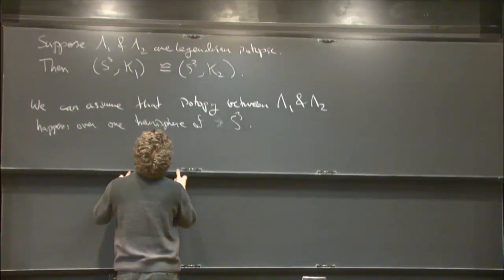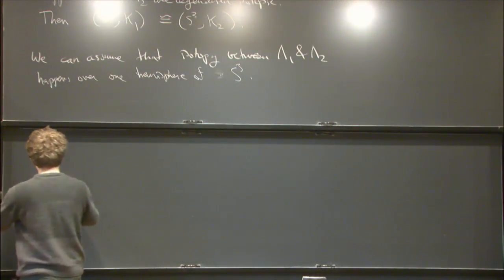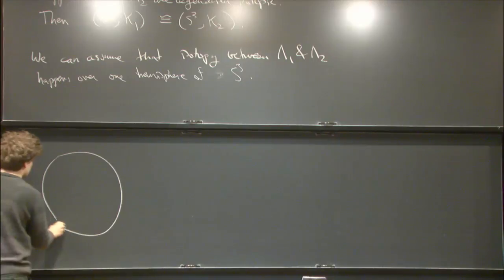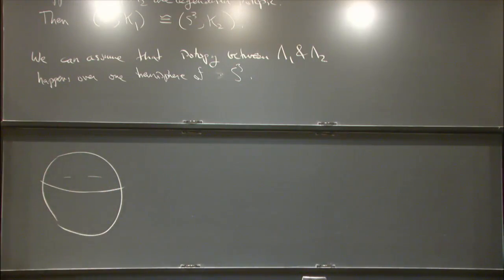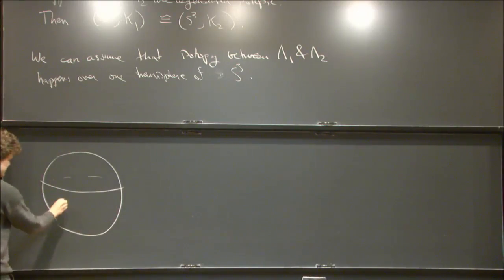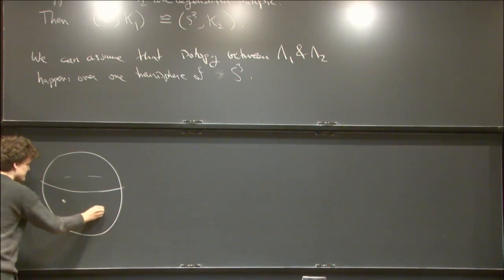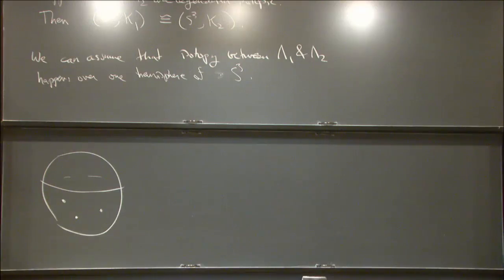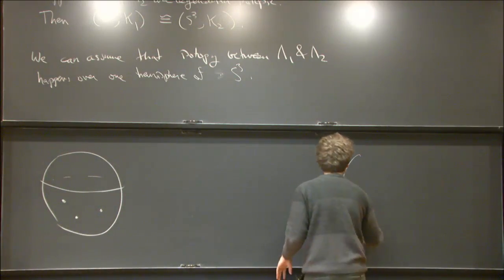So here's a cartoon picture one dimension down. Here's a 2-sphere instead of a 3-sphere. And instead of a knot, maybe we have a codimension 2 submanifold of that. And then over here is another one.